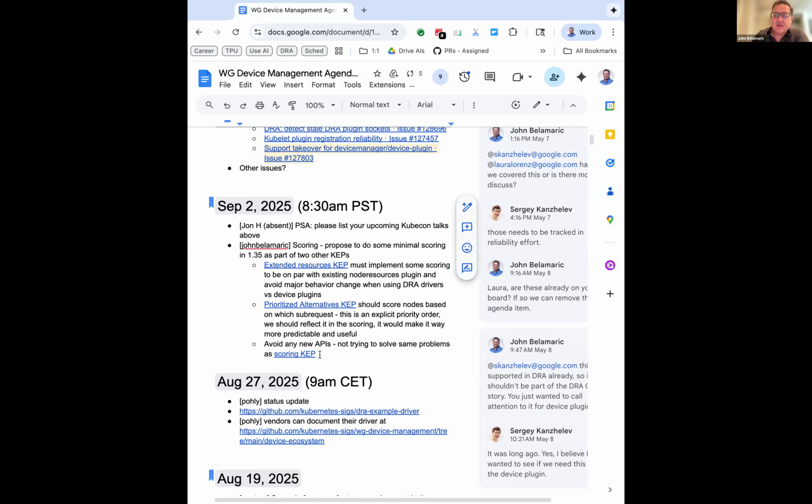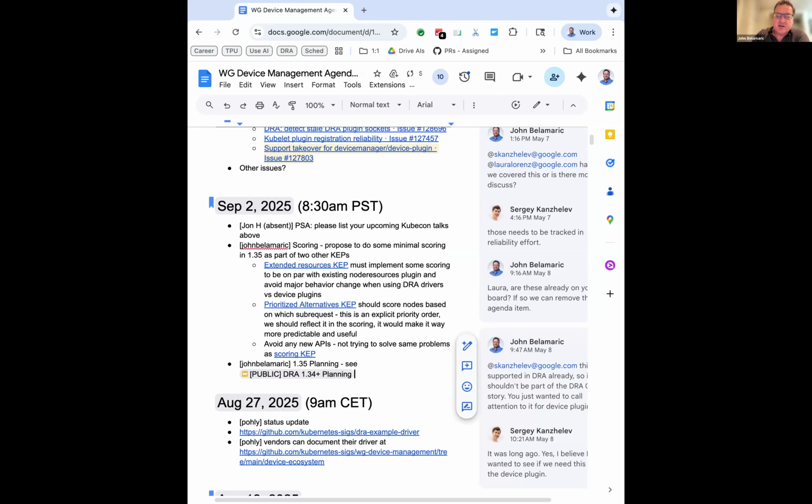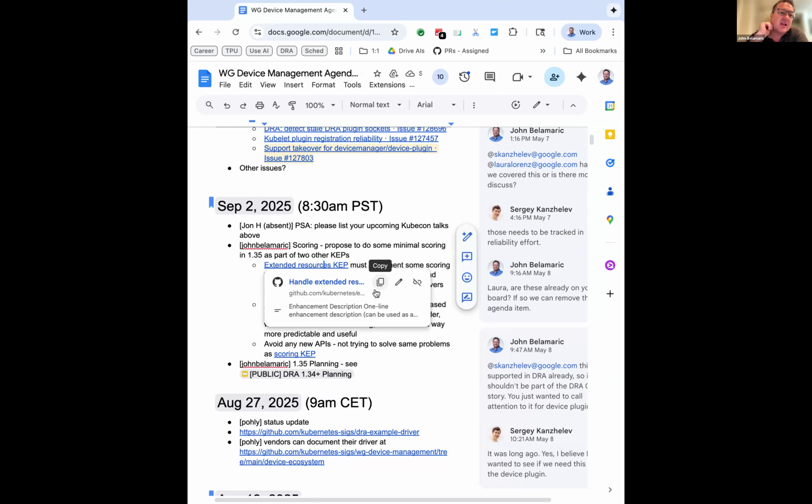One of the main things we want to do is get this extended resources KEP into beta. This is an alpha in 134, and this is the KEP that allows the extended resources API to be satisfied by DRA drivers.